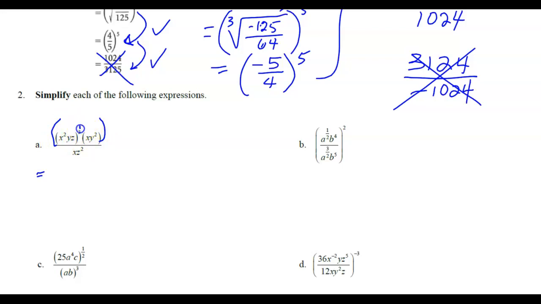But now the first bracket is raised to the exponent 3. So we've got to raise everything in that first bracket to the exponent 3. So power of a power, you multiply the exponent, so that's x to the 6. Remember, if it's just y or z, it's got an exponent of 1. So that's going to be y cubed, z cubed in the first bracket. Copy out the second bracket.